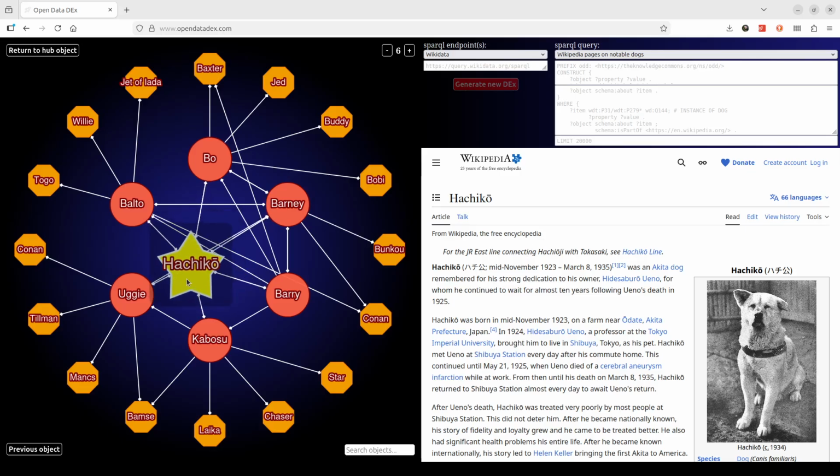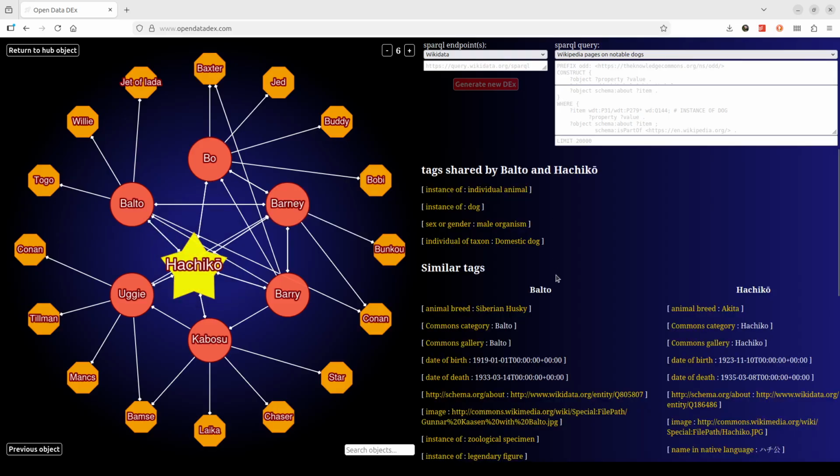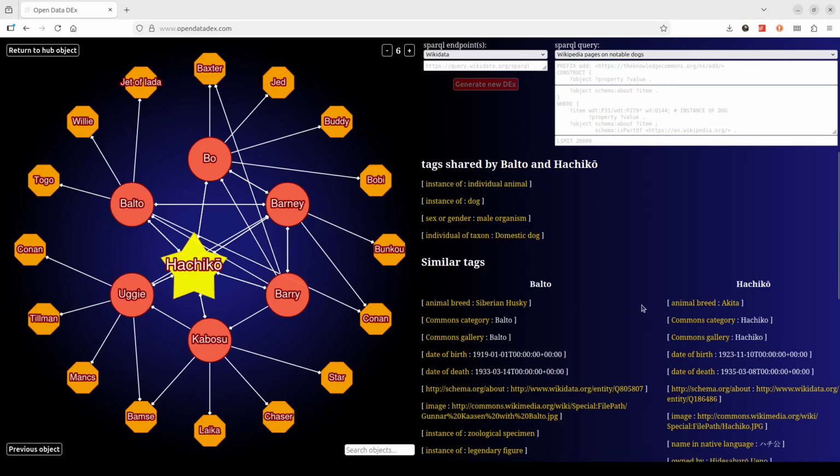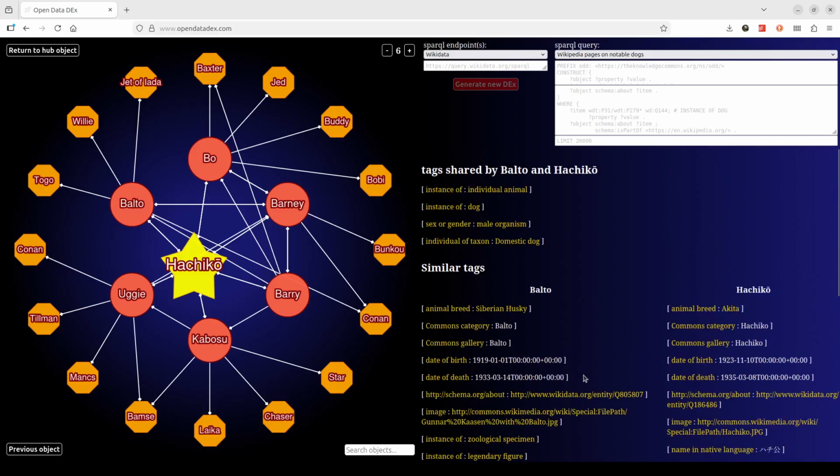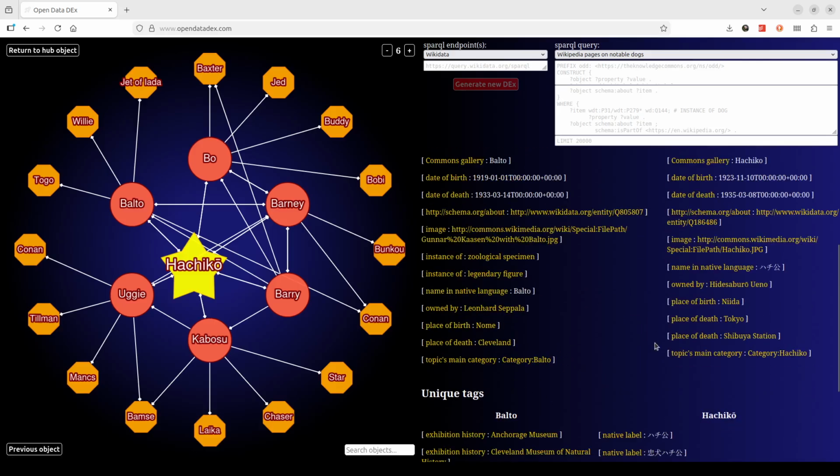So let's see why Hachiko and Balto were related. Yeah, so you can see the tags that are shared between those two really aren't anything specific. They're just male dogs and instances of an animal. So I think the reason these are so related is they just happen to have a little bit more data than these other dogs.